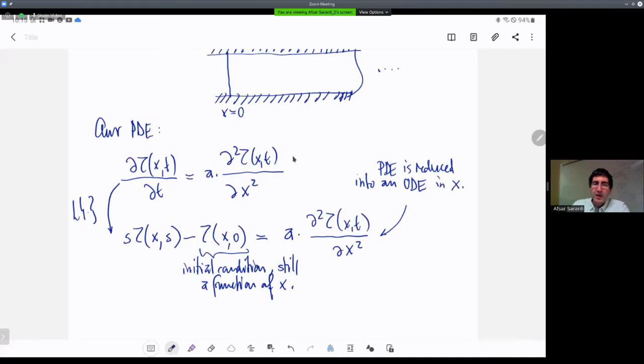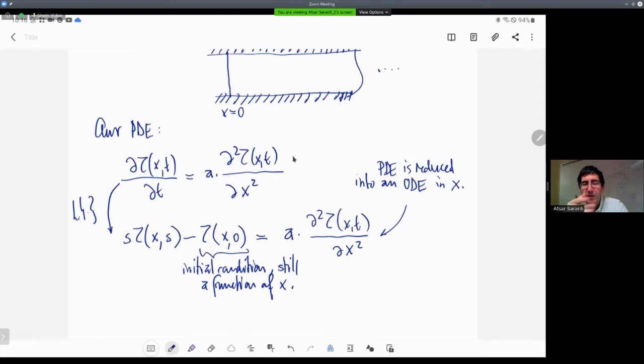Okay, so by using the Laplace transform, remember for ordinary differential equations where you have only the time variable, the Laplace transform is huge, because when you take the Laplace transform, you eliminate the differential equation and you return into an algebraic equation, so that things become so much easier to solve.